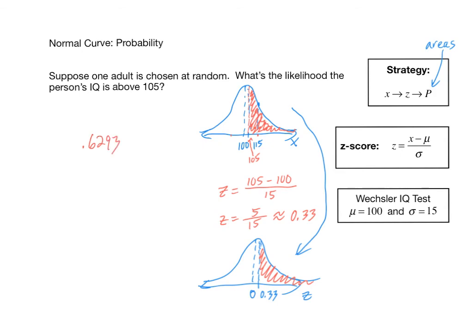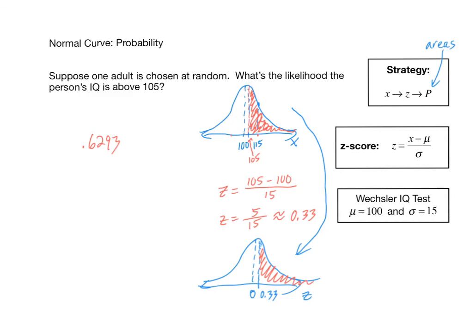Is 0.6293 the area to the right of this point right here, or this one down here, whether you're talking about the standardized or the raw form? No, this is less than 50%. We already discussed that this needs to be less than 50%, and you can't forget, when you read our table, the number that's in the table is the area to the left. So that's this area over here.